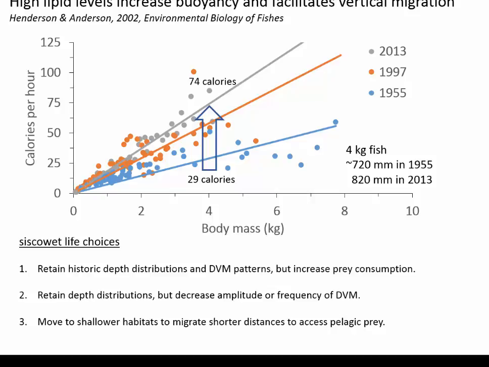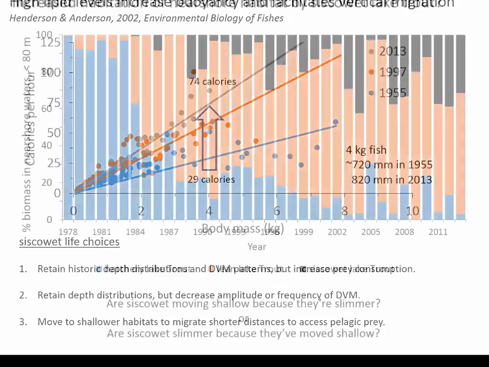to migrate shorter distances to get to your prey that may also be going through DVM. So you're going to move from, say, 200 meter deep water out into 100 meter deep water, where you can still go to the surface, but you only have to swim 100 meters versus 200 meters. We don't have any data on the first two options, but we do have a little bit of limited data on this third option.